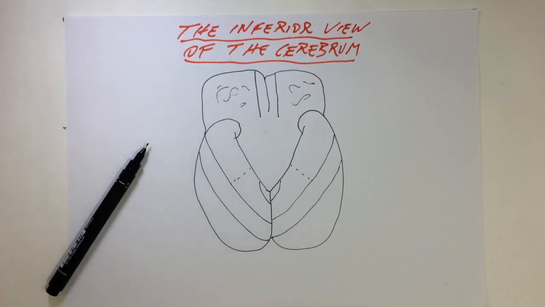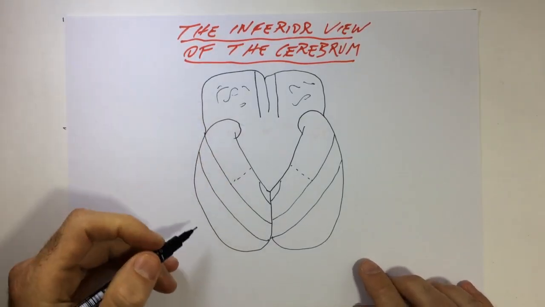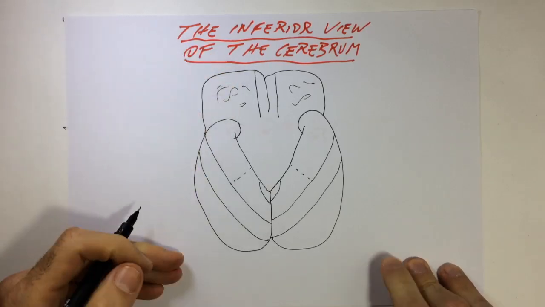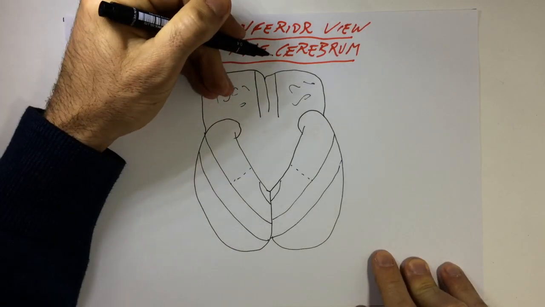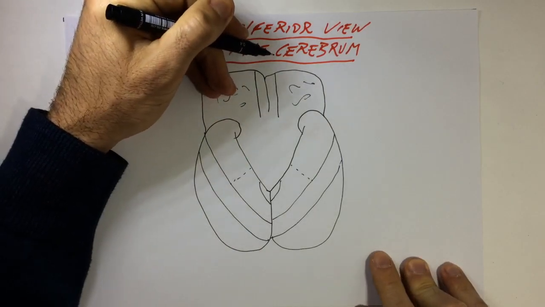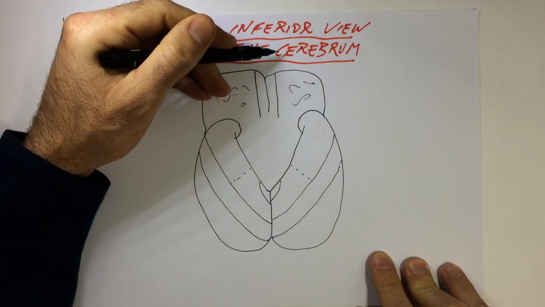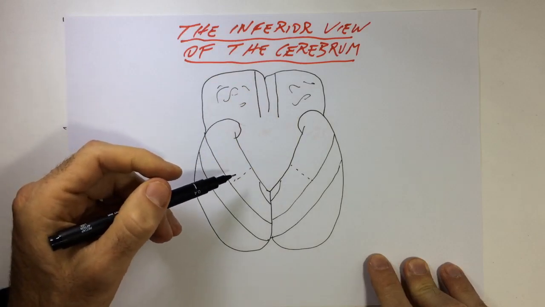So starting with this drawing, what I want to show you guys is how to draw the inferior view of the cerebrum. And I chose to use cerebrum instead of brain because I removed the other parts of the brain, just like I said before and showed with the model.